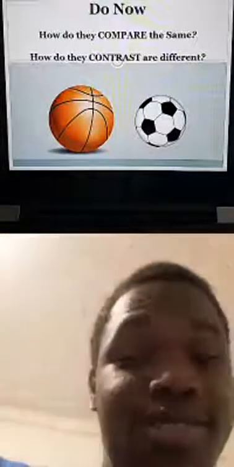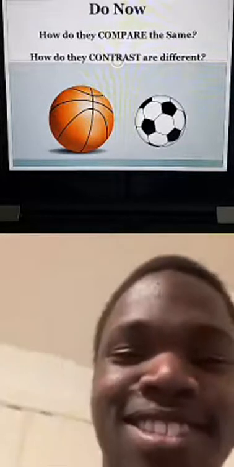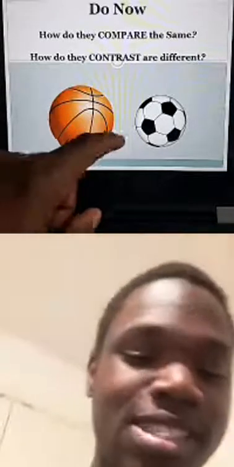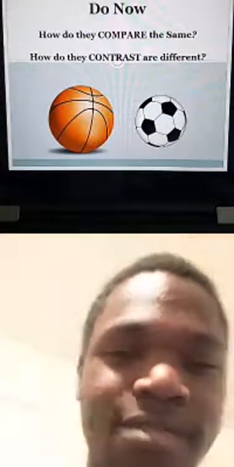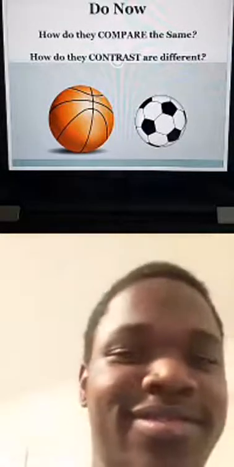How else do they compare? Think about it. They're both round. Good. They both are round. Good. How else do they compare? Look at them. How else are they the same? They both bounce. Yep. Anything else?